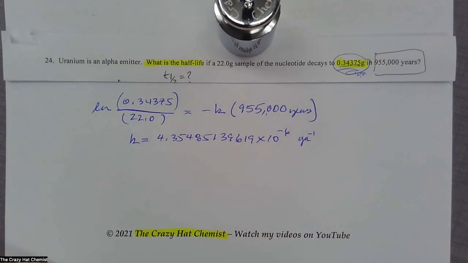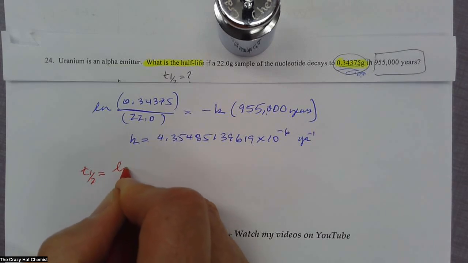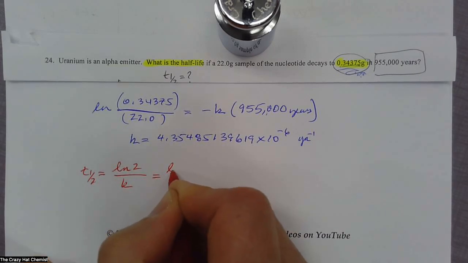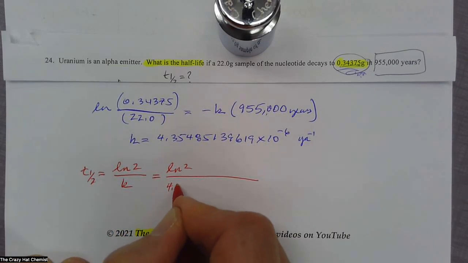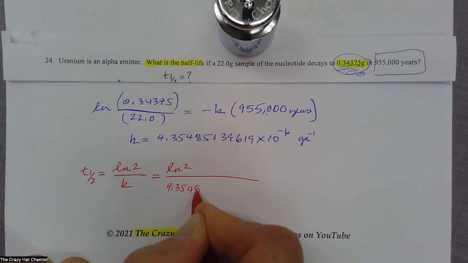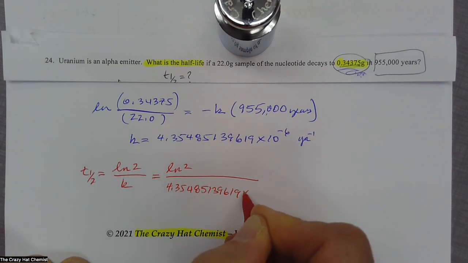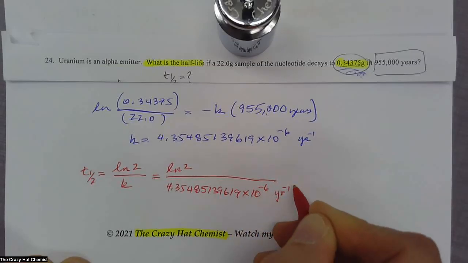Okay. Now what we're going to do is do one small thing. t of 1/2 is equal to natural log of 2 over k. So natural log of 2 over this k value, that's 4.35485139619 times 10 to the negative 6 per year.